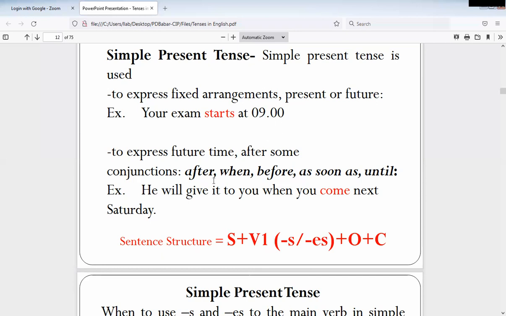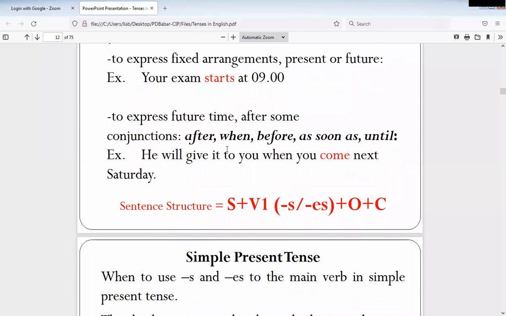For expressing future time, or with conjunctions like after, when, before, as soon as, until, we use this tense.